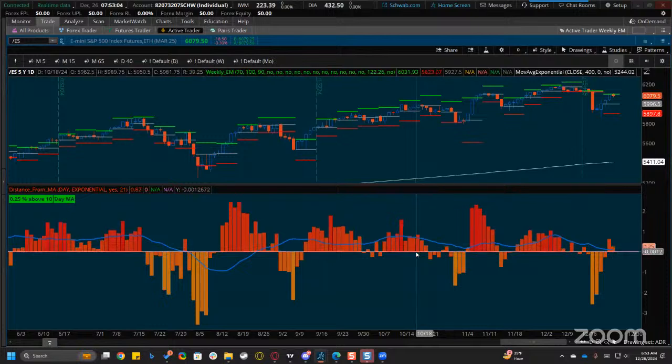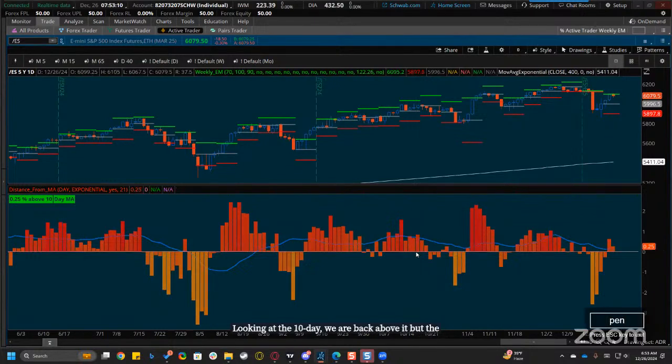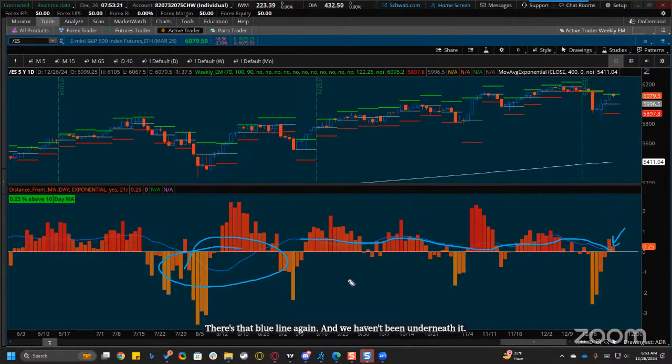Looking at the 10-day, we are back above it, but the wave here has been holding really close to the zero line, right? This is that blue line again. And we haven't been underneath it in quite a while, right? That August drop that put us down there.